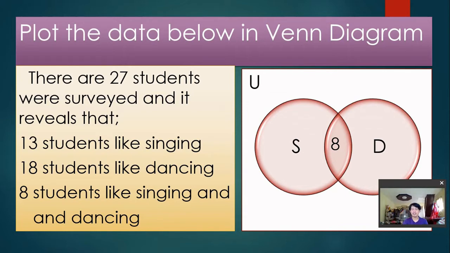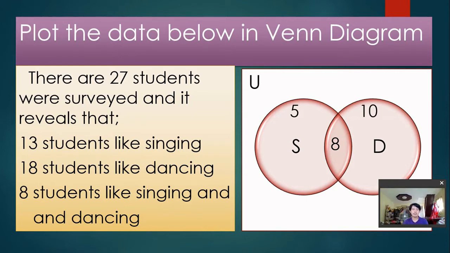So the 8 belongs to circle D. Now, what number is to be added to 8 to get 18 for dancing only? It's 10. And what number is to be added to 8 to get 13 for students who like singing? It's 5. So look at the Venn diagram.